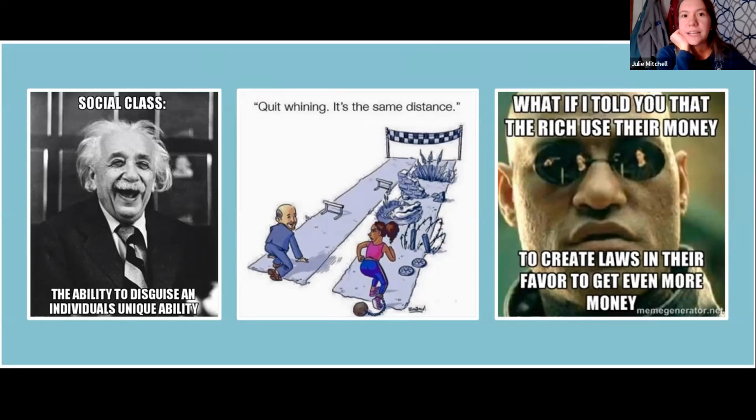Whereas with the lower classes, not only are there more and more dangerous obstacles to be faced, but if you can see, she has a chain on her foot. So she's already being held back by things in her past that are preventing her from moving forward in the first place. And I think when we get so caught up in equality, sometimes we forget this type of thing that this image is describing.